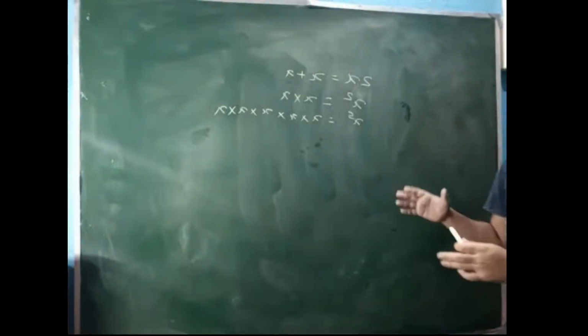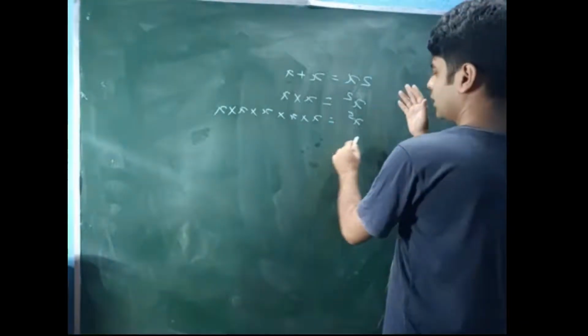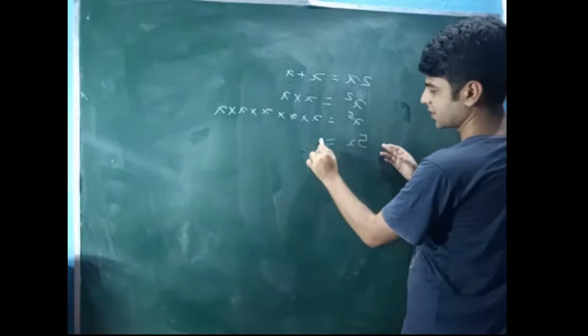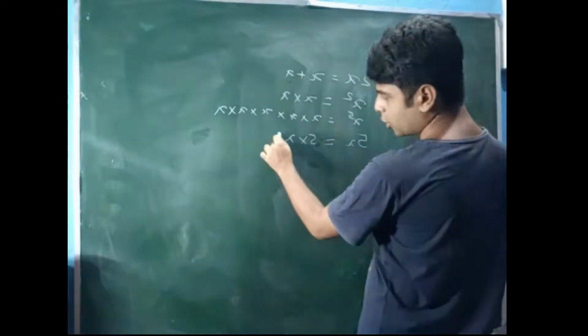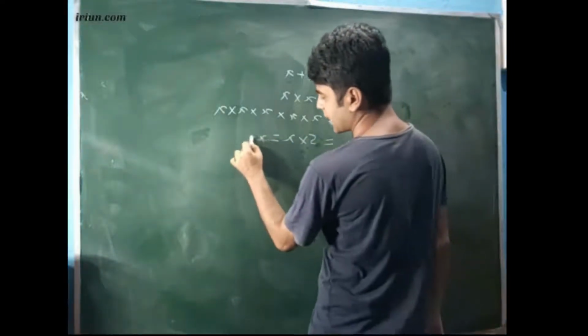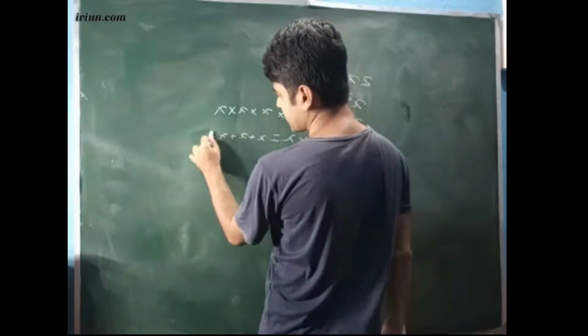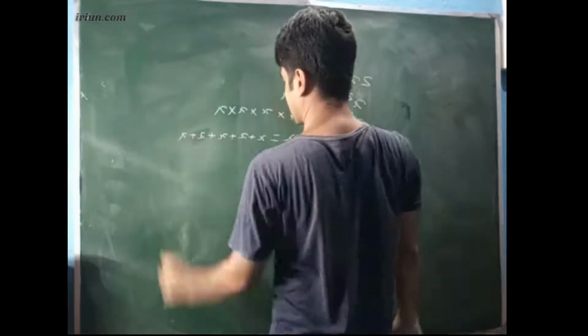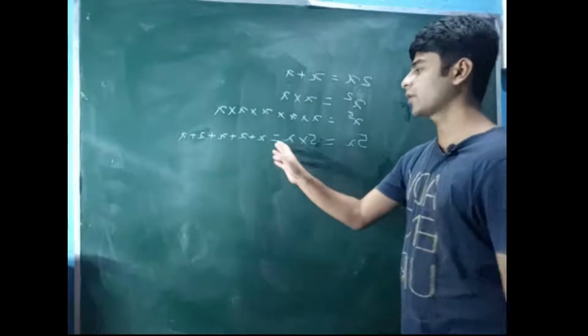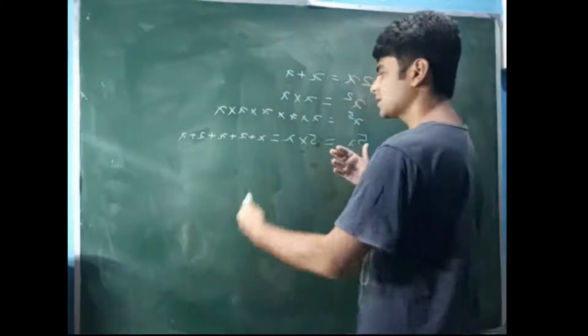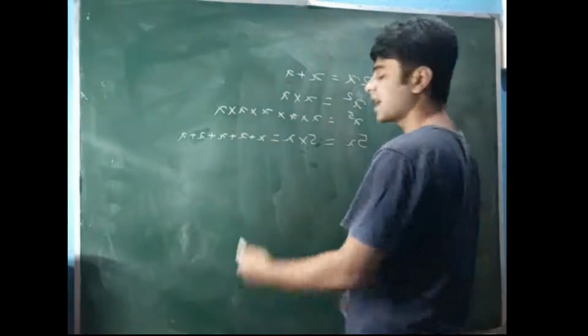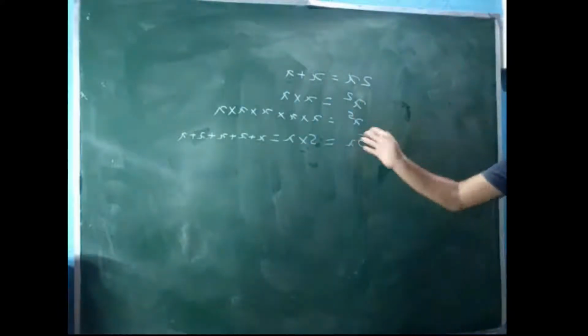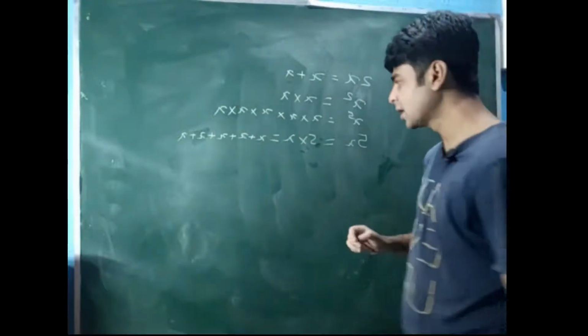That's the basic difference between 5x, which is basically 5 times x, also equal to x plus x plus x plus x plus x, and x to the power 5. The summation of 5 x's or the multiplication of 5 x's, that is the basic difference between multiplication and addition.